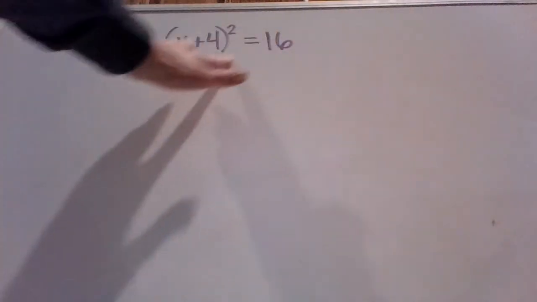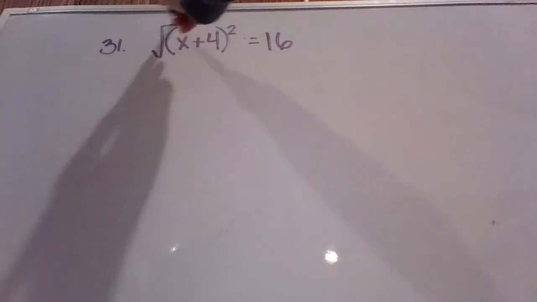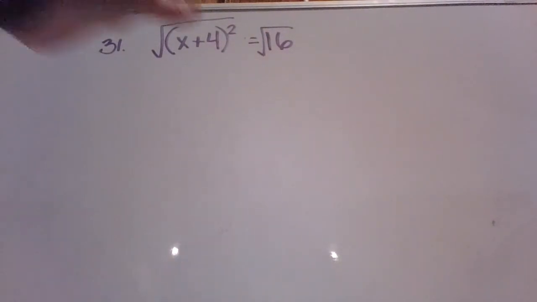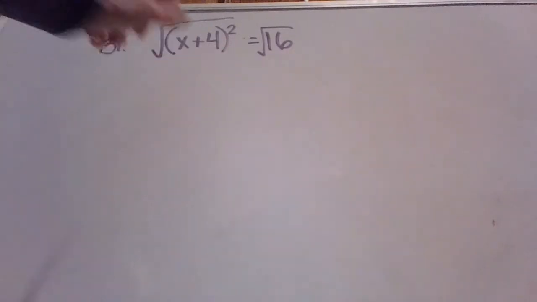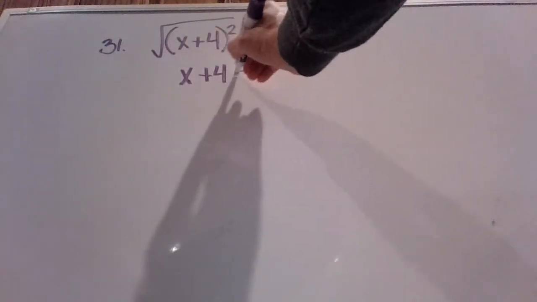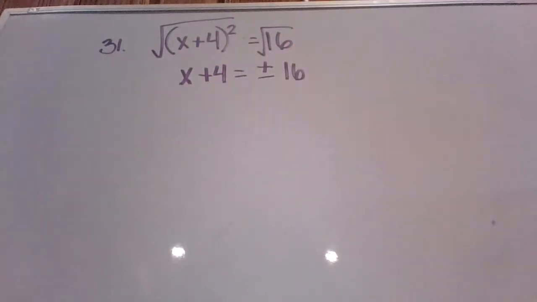Well, this whole quantity is being squared. So I have to find the square root of that. And this is the only time that we'll have two answers, when this whole quantity is being squared. So I get x plus 4 equals plus or minus the square root of 16.